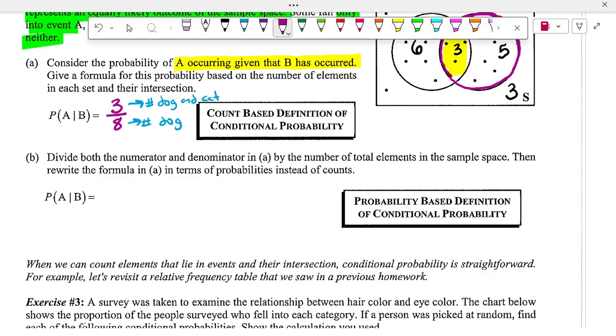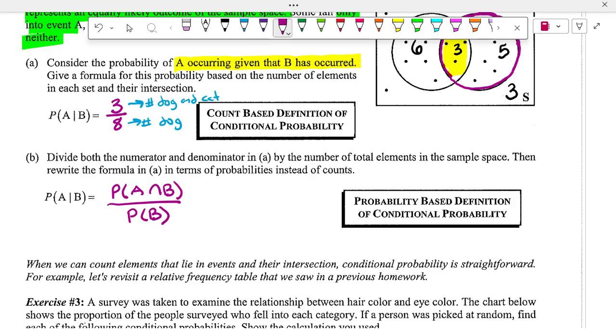It's the probability of the intersection of A and B. So the probability that A and B happen over, what was the denominator? The number of dogs, or the probability of which set happening? B, or the given, yes. Over the probability of B.